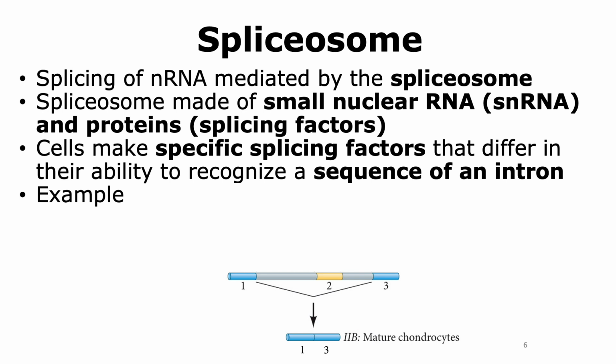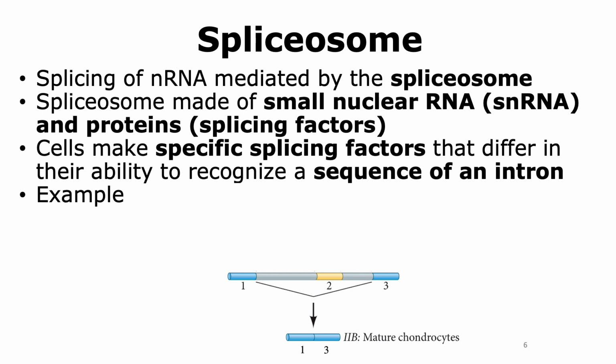Here is an example where we have a nuclear RNA that has 3 exons called 1, 2, and 3, and we have introns, which are shown in gray between the exons. A cell can express certain splicing factors that mediate the joining of exons 1 and 3, and this is what we are seeing in this picture.